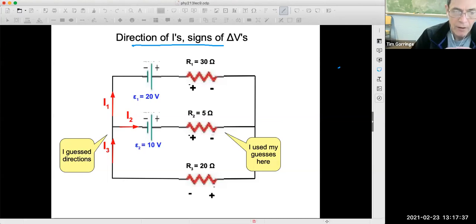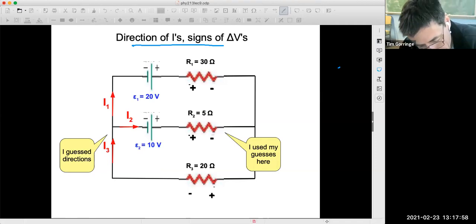So you have to guess the direction of the currents, but you can guess them right or guess them wrong. You're still going to get the right answer for the circuit problem, as long as you stick with those guesses and are entirely consistent with those guesses. So that's what I'm doing here.